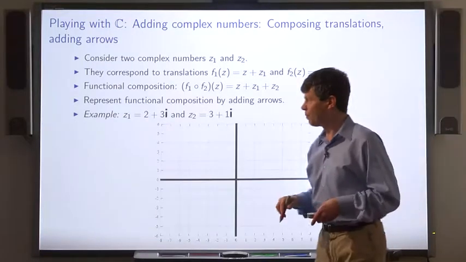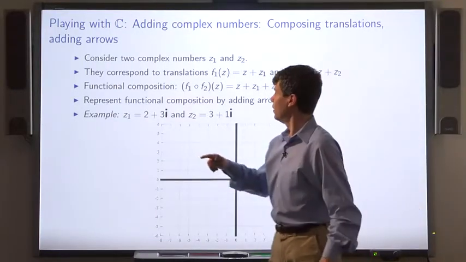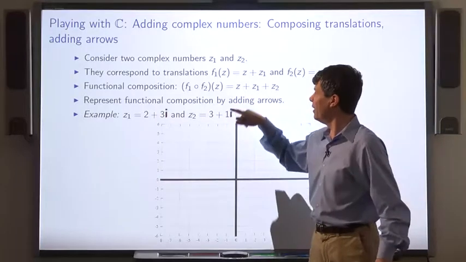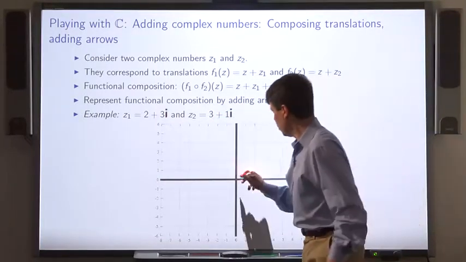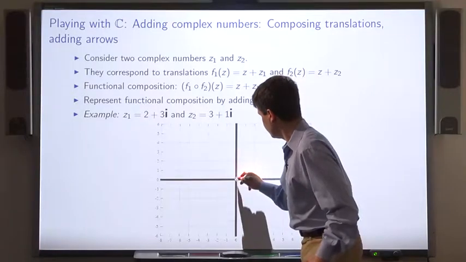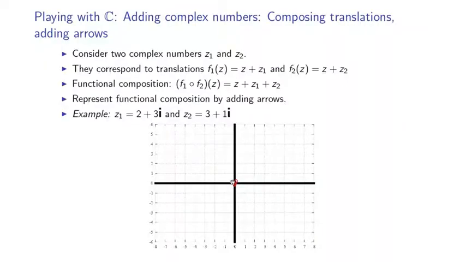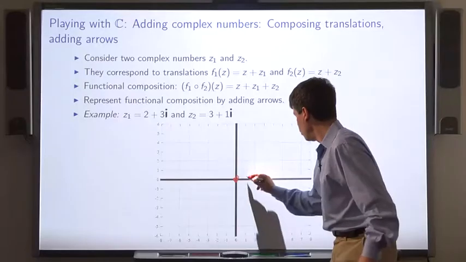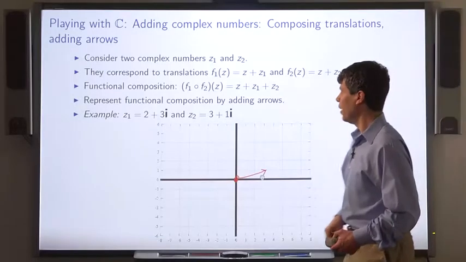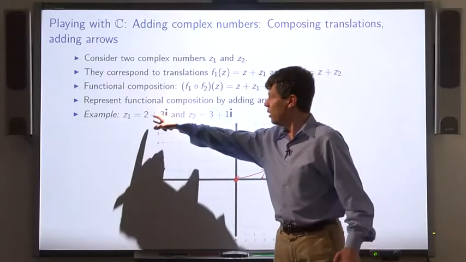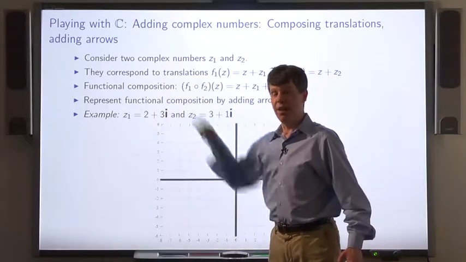Here's an example. Let's say we're first going to apply f2. So that takes a point. Let's start with the origin. And translates it 3 units to the right and 1 unit up. 1, 2, 3, 1. So that goes here. Next, we'll write down the arrow representing this complex number.